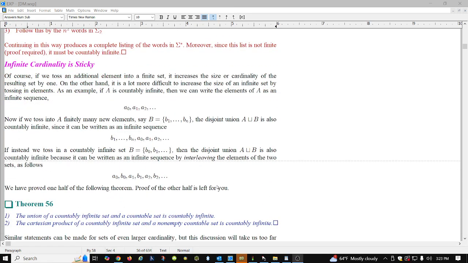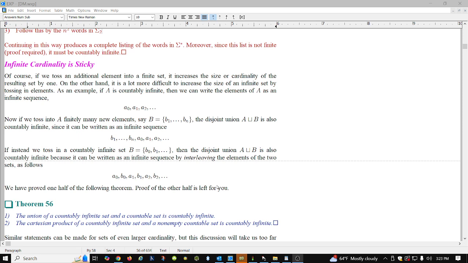infinite cardinality is what I would call sticky, and that's not a technical term, so let me explain what I mean. If we toss some additional elements into a finite set, it will increase the size or cardinality of the set. That's almost too obvious to bother to mention.